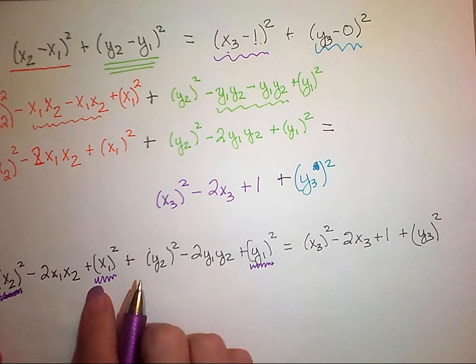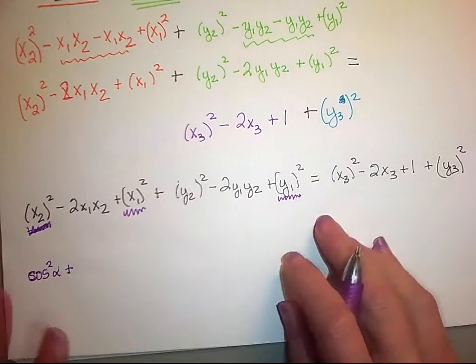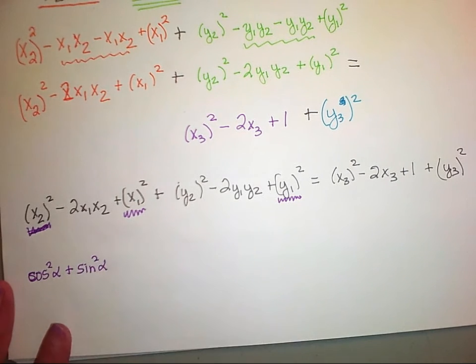Well, these two become x1 squared, which I'm going to rewrite as cosine squared alpha plus sine squared of alpha.